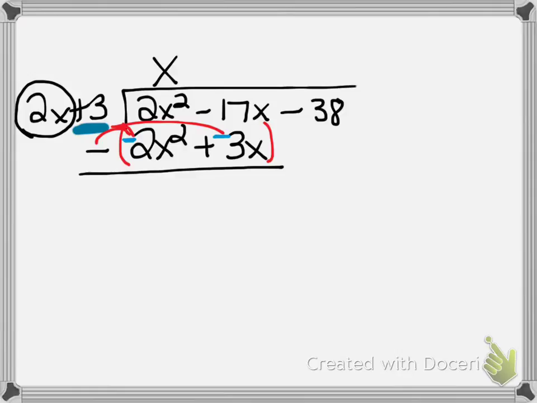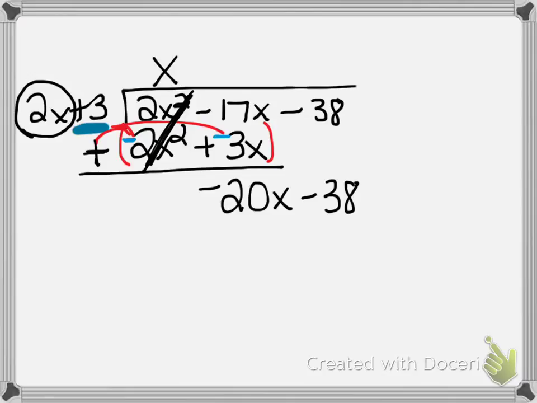So now that negative's been distributed, so now it's a positive. So 2x squared minus 2x squared is 0. That's your goal. You need to have a 0 in the first term, okay? Then I have negative 17x plus negative 3x, and that gives me negative 20x minus 38.